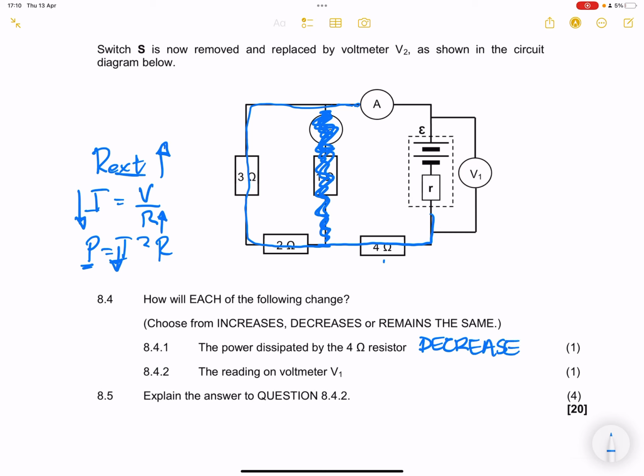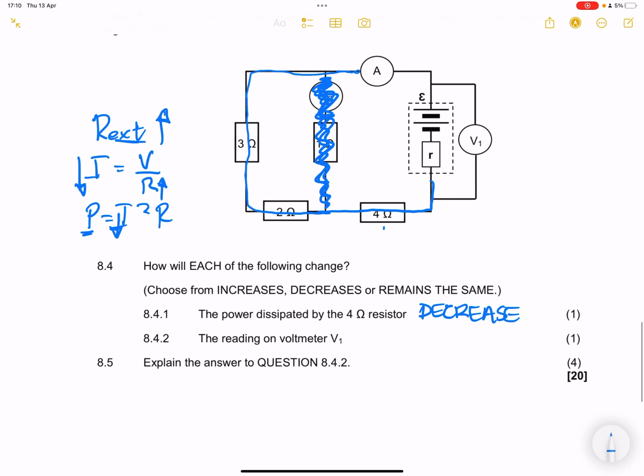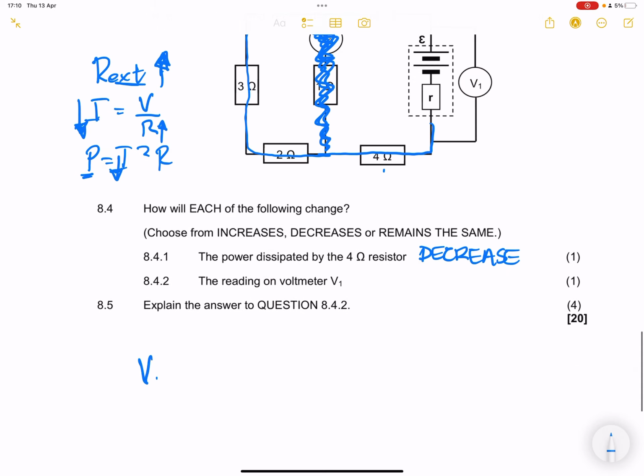Now they ask about the reading on voltmeter V1. Please note, ladies and gents: we've increased R external, so the current decreases. V loss, which is the voltage across the internal resistance, is I multiplied by R. Because we have decreased current, V loss would also decrease.